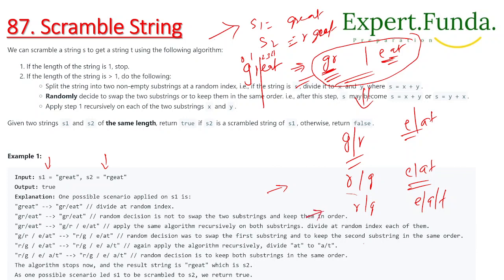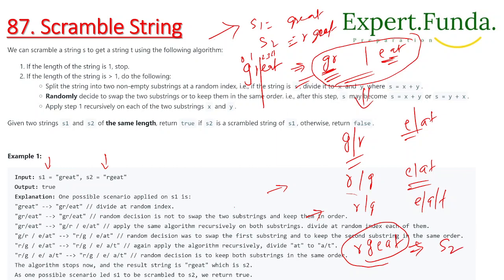Now let's combine this into the result. First R will come, then G, then E, A, T. So it becomes RGEAT, which is what we have already given in s2.